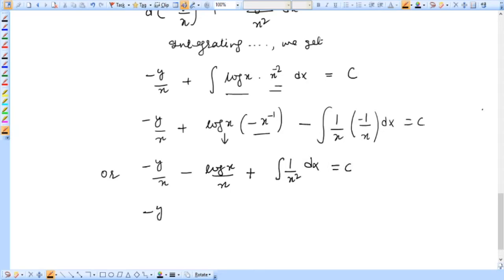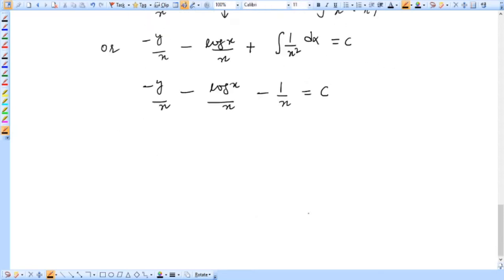So now it is equal to minus y over x minus log x over x, and the integration of this would be minus 1 over x, equal to c.